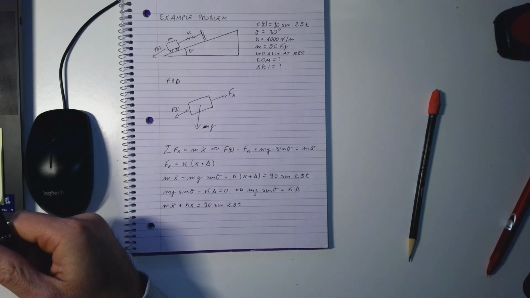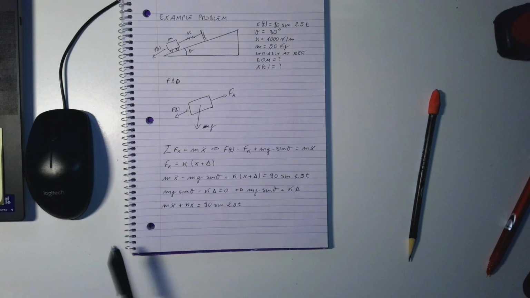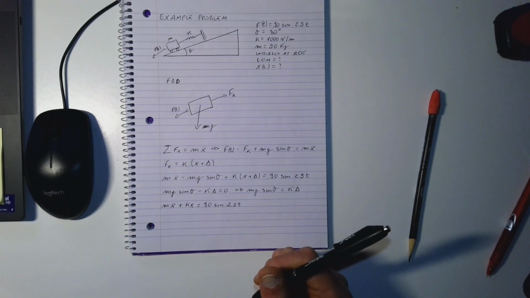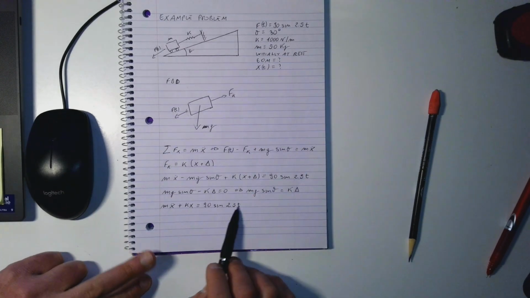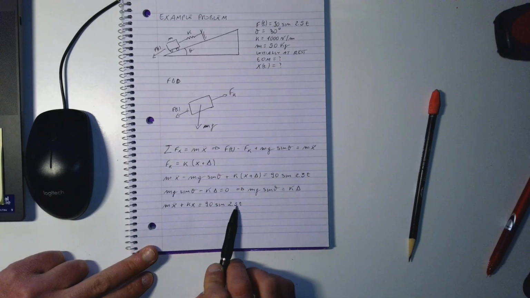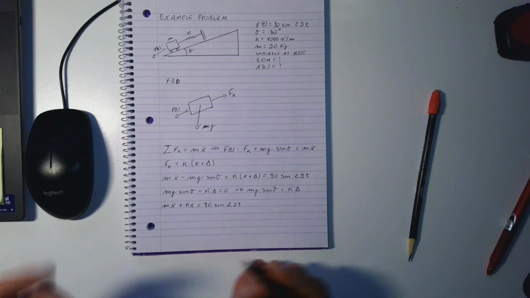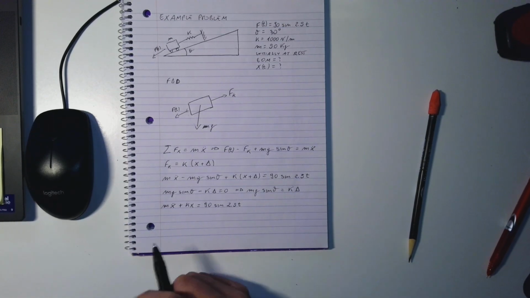Now we can go through the step that we mentioned before. We can divide by the mass so that we can obtain the standard form, and for now we are going to use these two, 90 and 2.5, as symbolic, so that it's easier to handle.